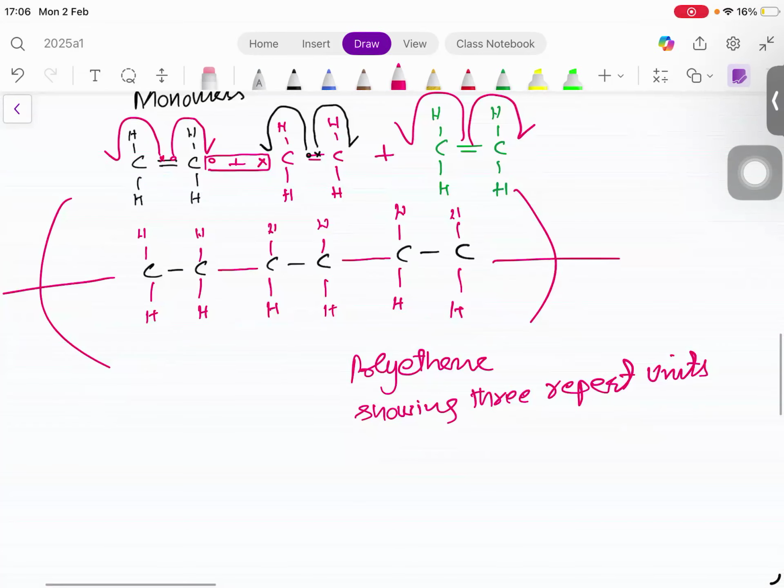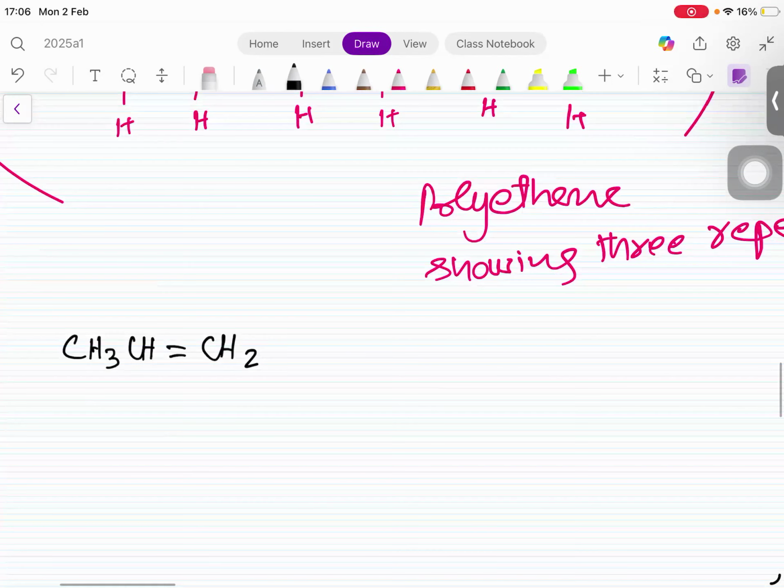Now, if I put you to make a polymer from propene, look at this. Please stop writing. If this is propene, and if I ask you to polymerize this propene, what happens to this? One double bond breaks. Here is the double bond. Now, first you have to put it in order.